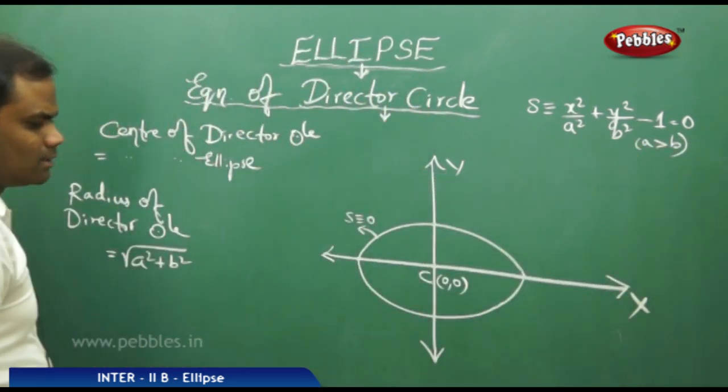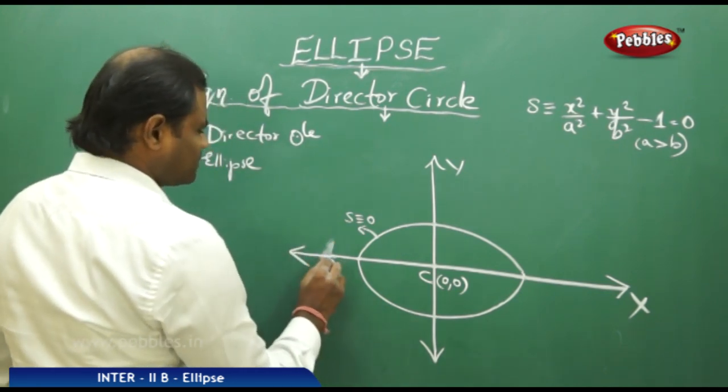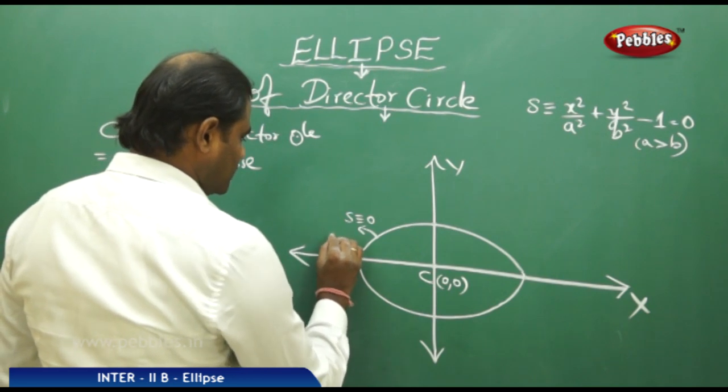Now for this, we have the director circle which gets connected with the ellipse.